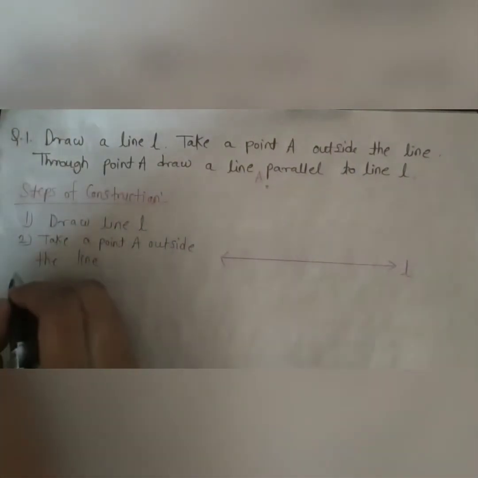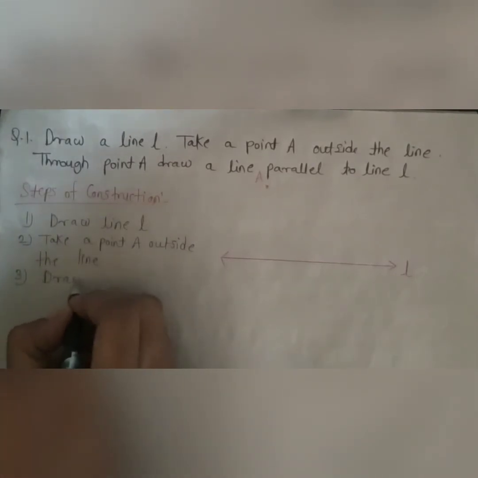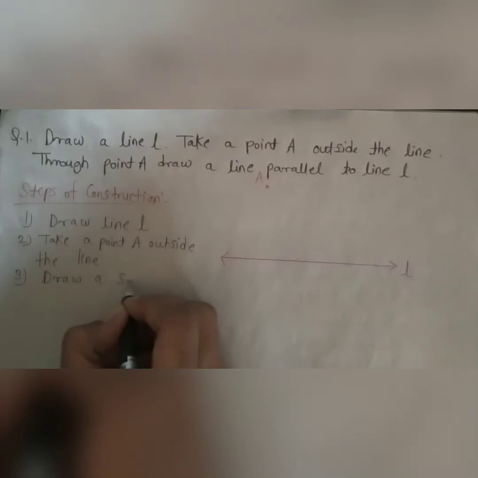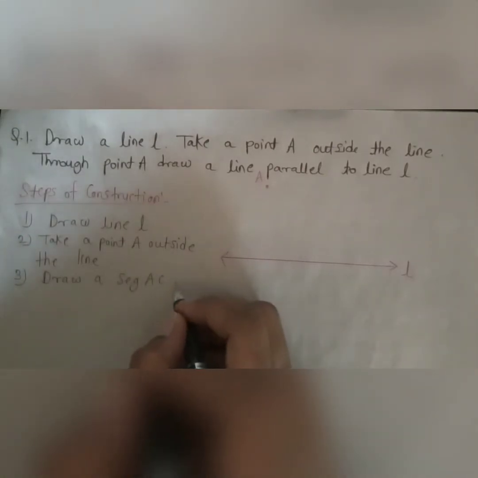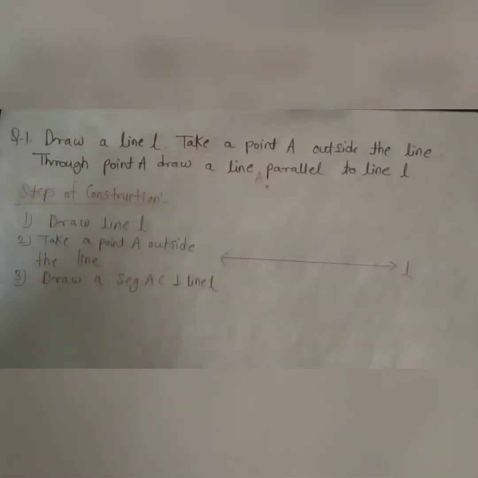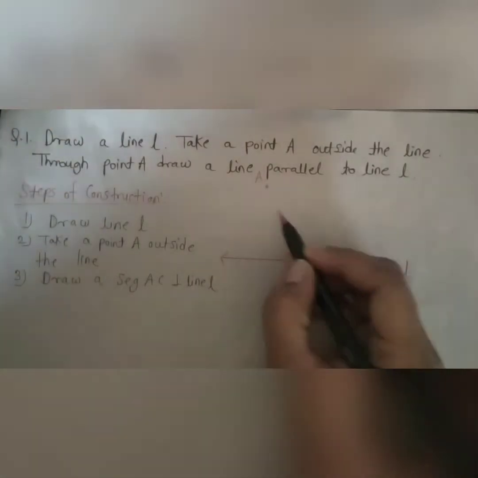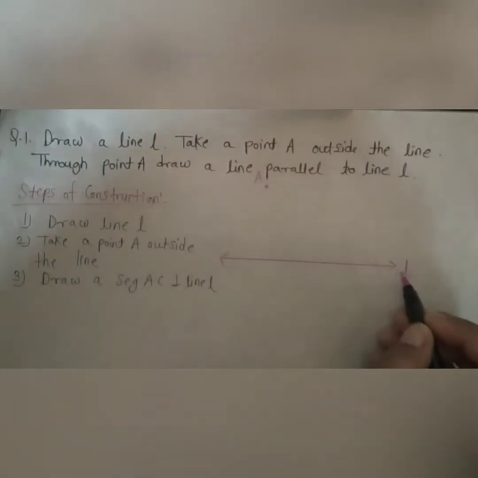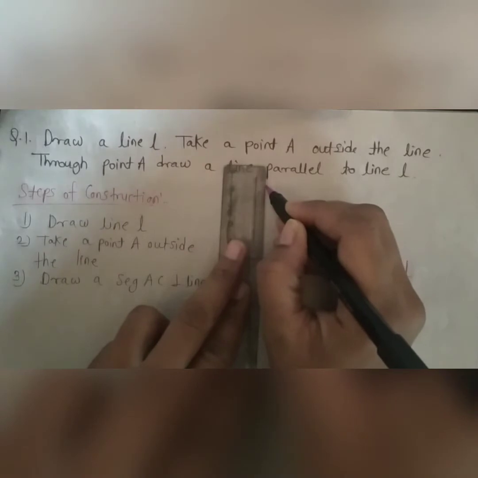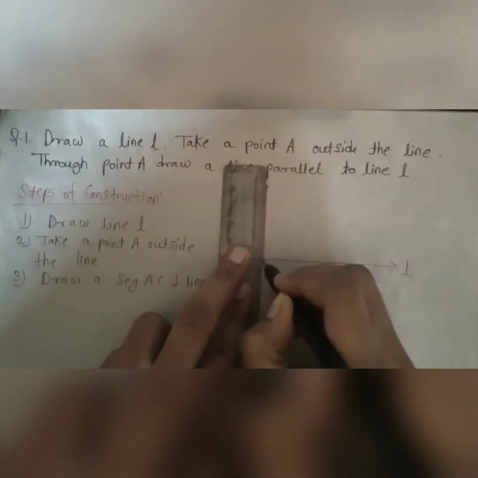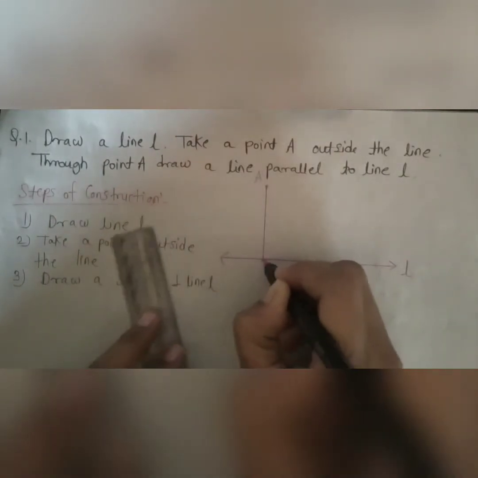Now the third step is draw a segment AC perpendicular to line L. This is our point A and this is our line L. I am going to draw a perpendicular segment, not line.